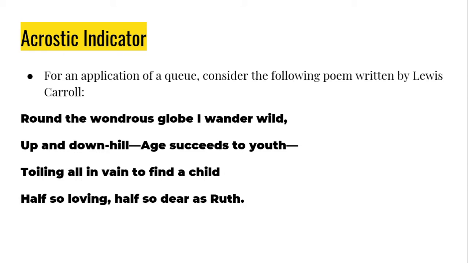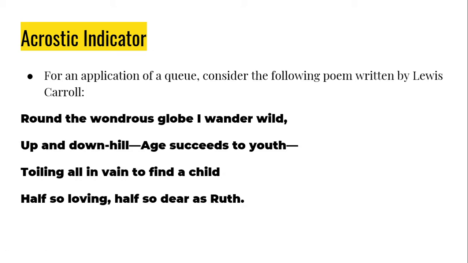As you notice, the first letter of each line corresponds to the characters of the name Ruth. We have here R and then U, T, and letter H. So R, U, T, and H form the word Ruth. And the last word of the poem is also Ruth.